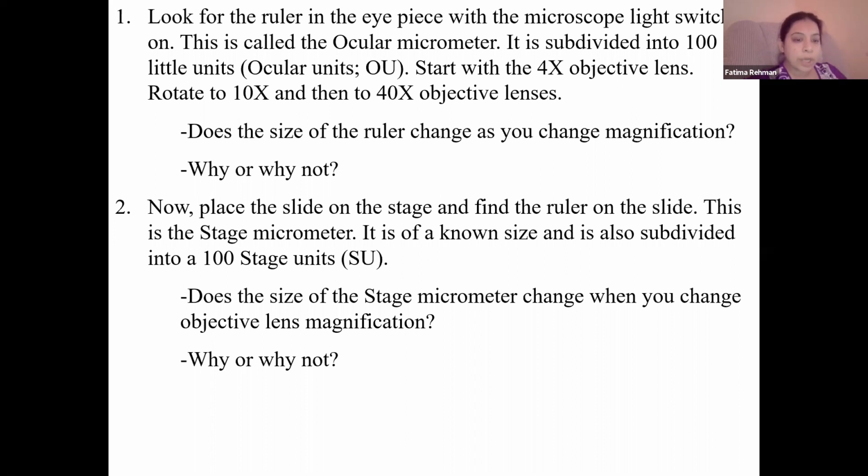And you're going to change the magnification of your specimens using the nose piece. As you go from 4x to 10x to 48x objective lenses, would you expect the size of the ruler in the ocular lens to change? So just write yes or no.